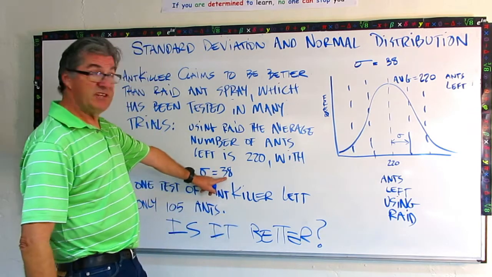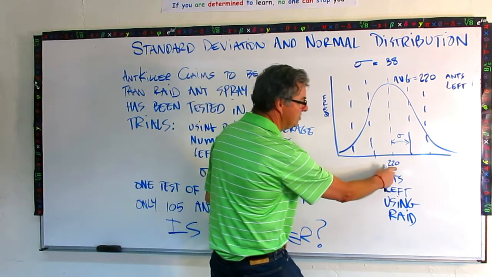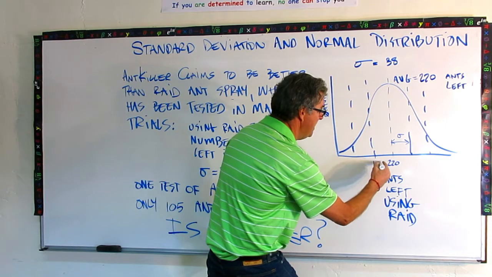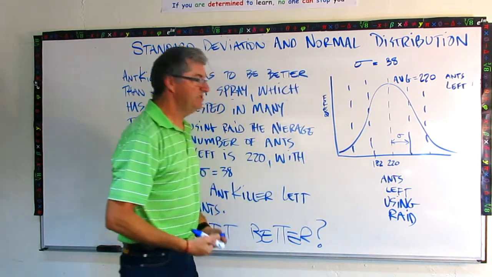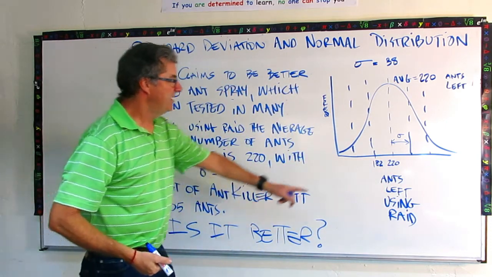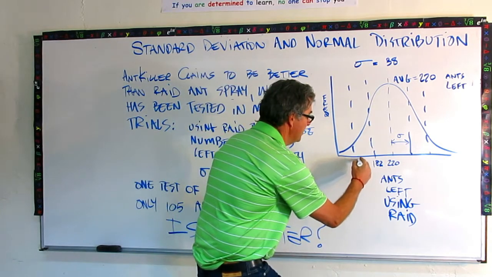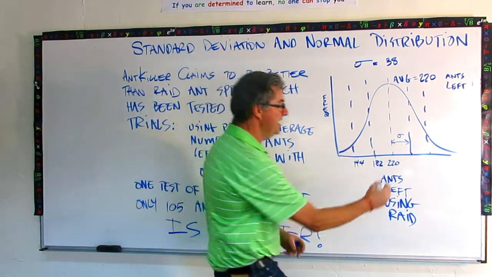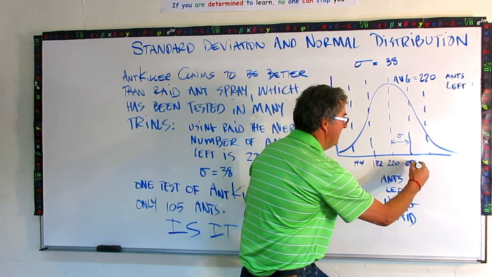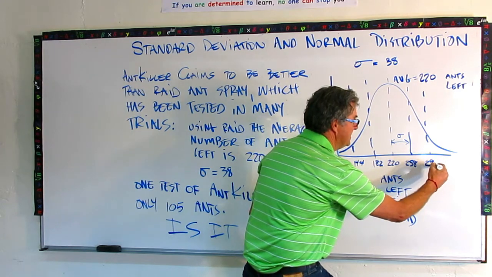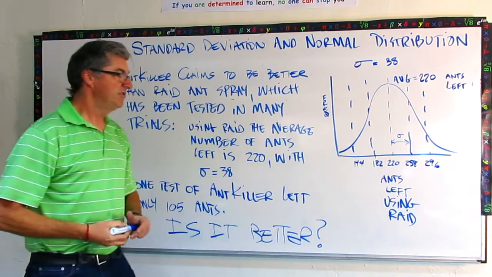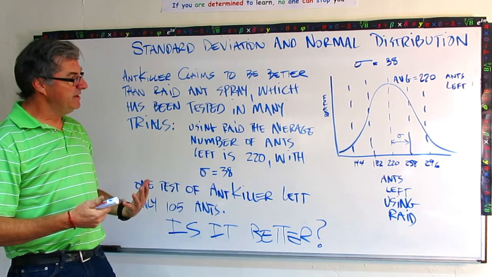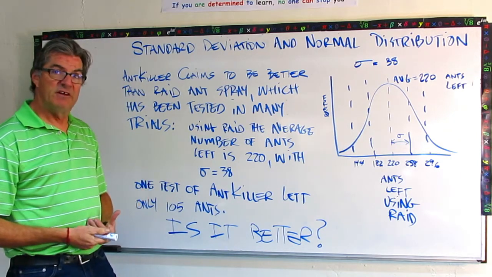So if standard deviation is 38, and we're at 220, this is going to be 182 there, that's 220 minus 38, and then this will be 144 here. Going the other way, this is 258, and this is 296. So now we know where these standard deviations are on our graph.